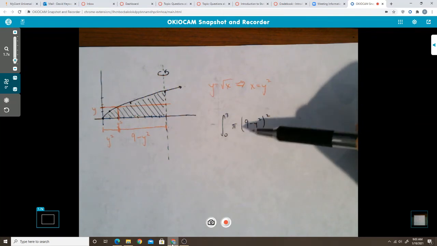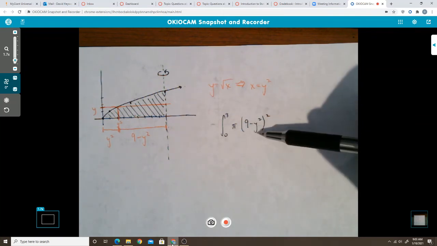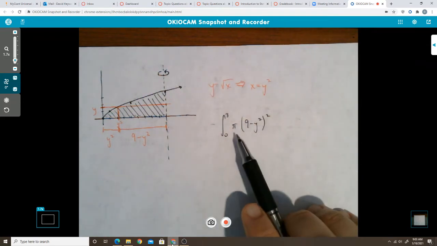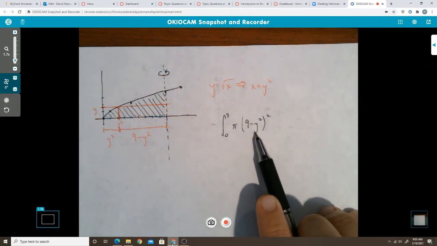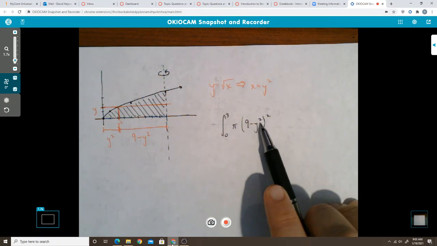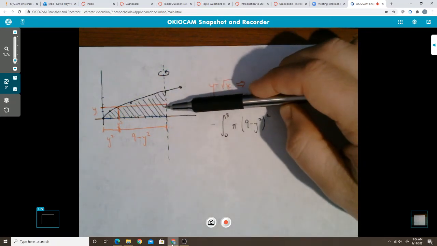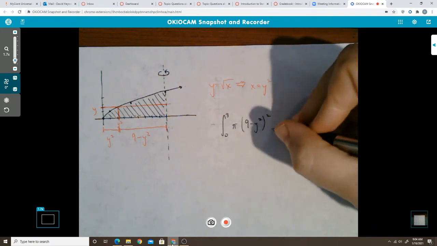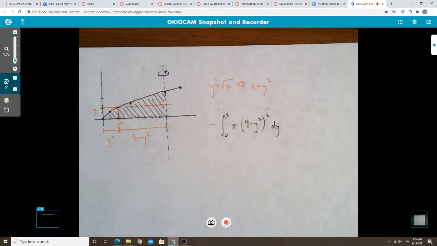So we're going to find the area of each disk. At any given cross section, the area of the resulting disk is going to be pi times 9 minus y squared, squared. And then we're going to find all of those areas, and then we're going to add them up. And that's essentially what the integral does, right? So dy. The rest is easy. I think the setup is the hard part, but the rest is easy.